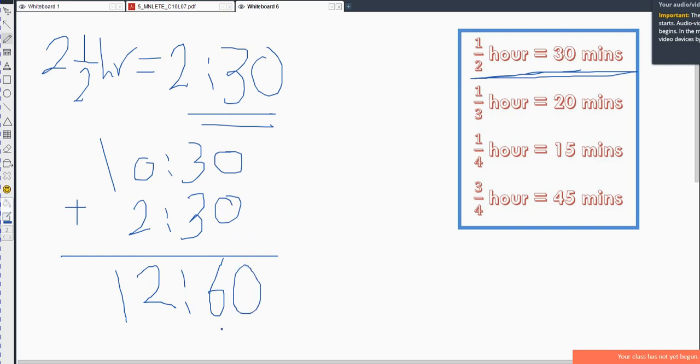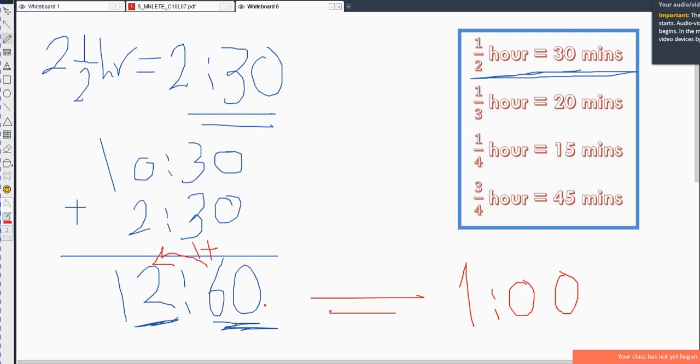Now if we have 60 in the minutes part, 60 minutes equals 1 hour. So we add 1 hour to the hour part, and the minutes will be zeros.